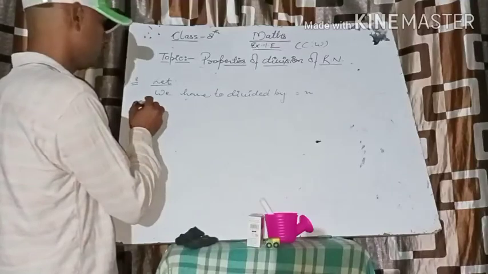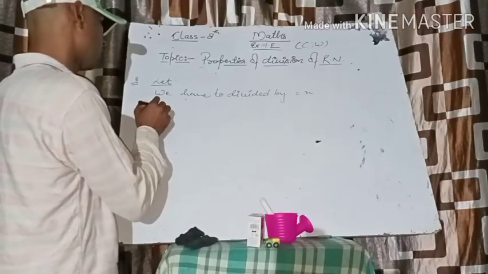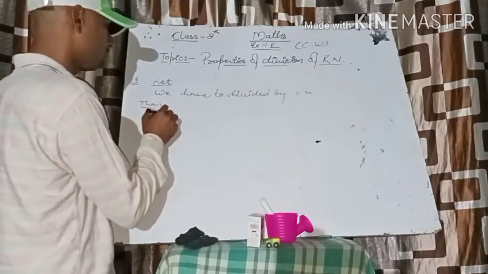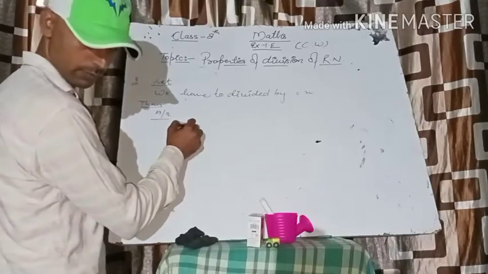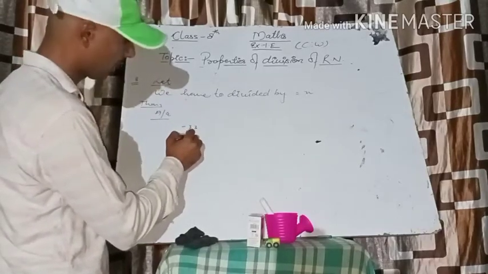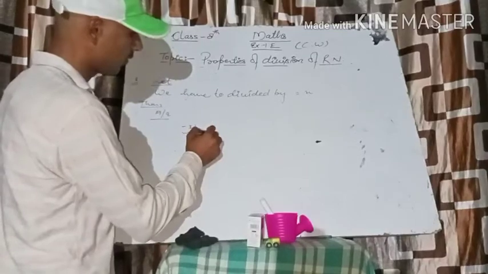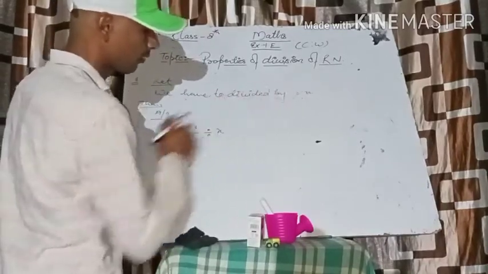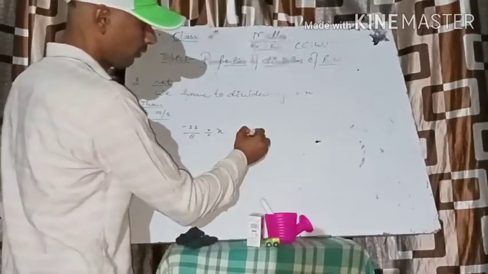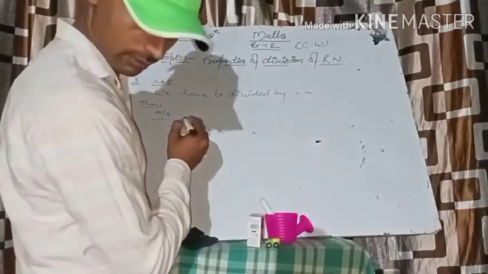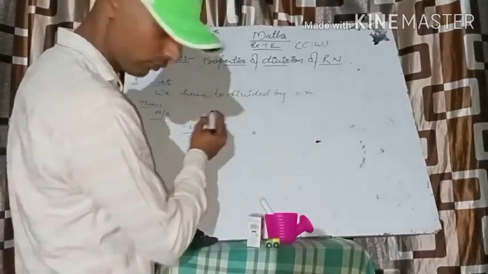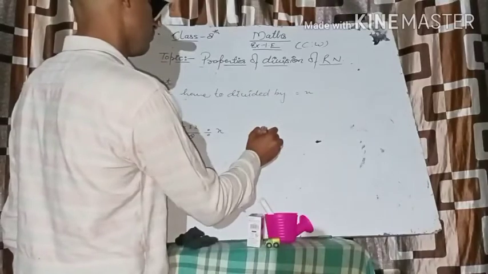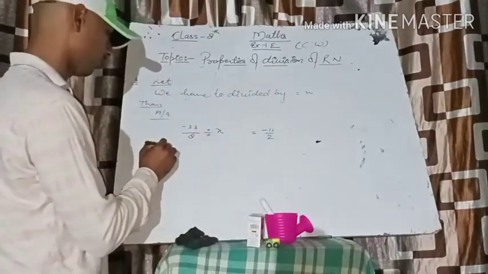Then according to the question, minus 33 by 8 is divided by this x, and we will get minus 11 by 2.